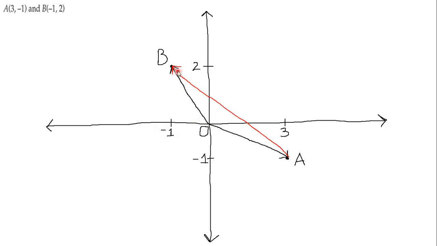We know from the question that OB is a position vector, so its tail or initial point will be at the origin. So this is the vector OB and this is the vector OA. They are position vectors relative to the origin, meaning that their initial points, or tails, are at the origin.